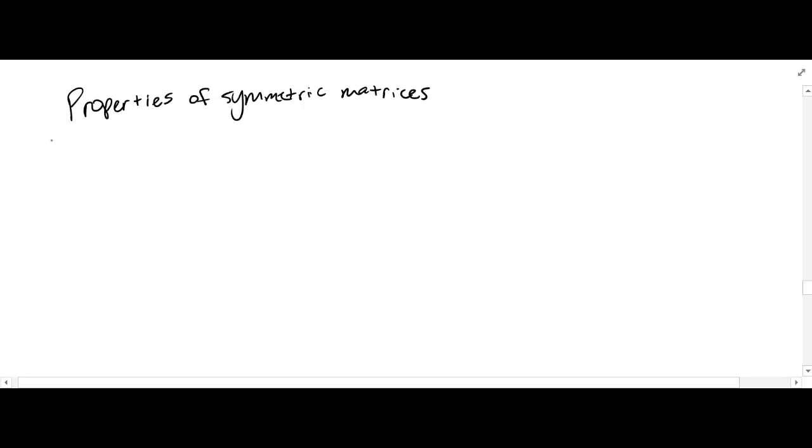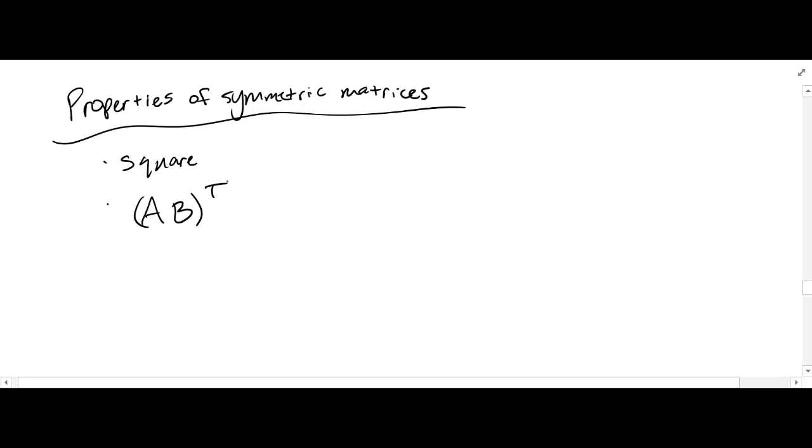So I mentioned one of them already. They're square. And I mentioned another one as well. If you transpose a product of two matrices, well, this isn't a product. This isn't a property of symmetric matrices. It's just a property of transpose. Let me write transpose.